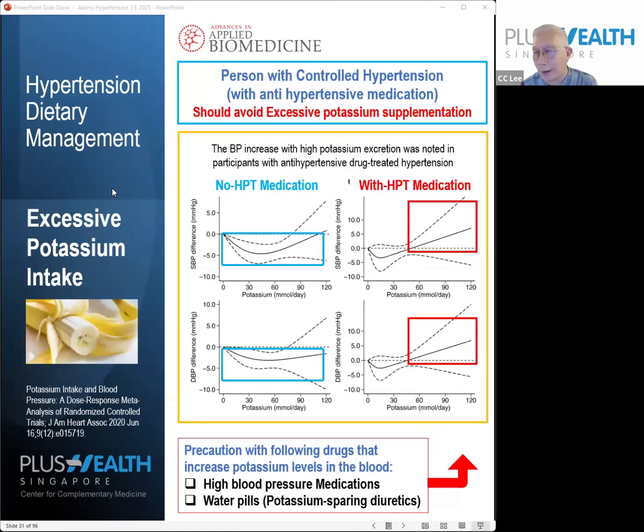Now, on the other hand, why do I want to talk about excessive potassium? It is because Atomy has a very famous juice called noni juice, which is very rich in potassium. So after hearing what I said just now, a lot of members might go in there and drink a lot of noni juice. That is what I'm worried about.